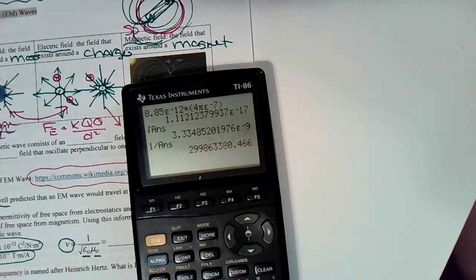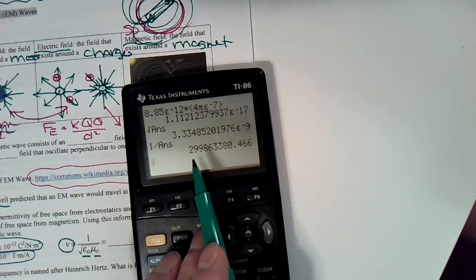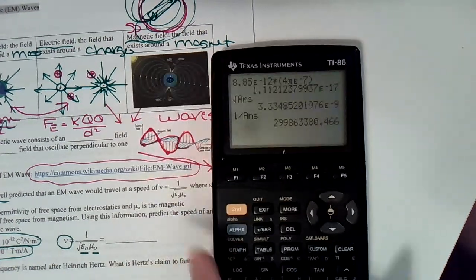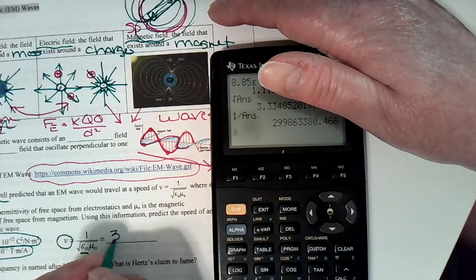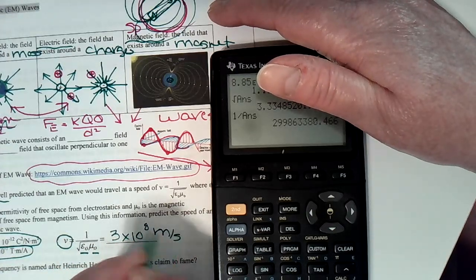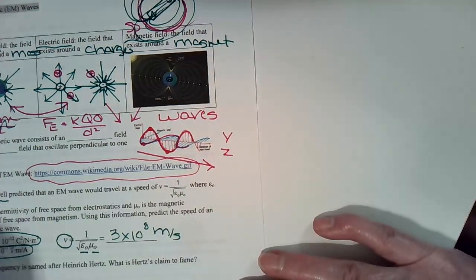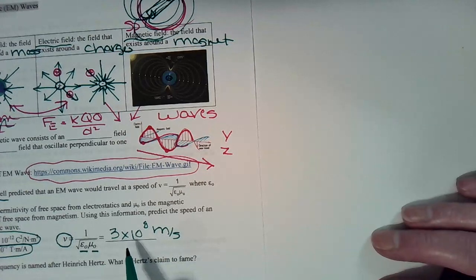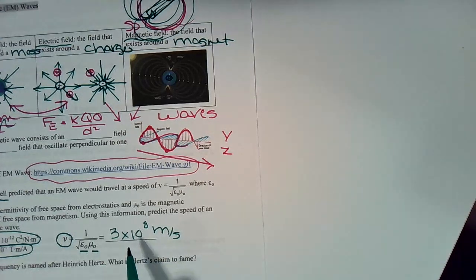And Maxwell predicted that all electromagnetic waves would travel at this number. And if I move my decimal point over and round it off, we get 3 times 10 to the 8th meters per second. So back in 1865, we did not know the velocity of light or any electromagnetic waves.